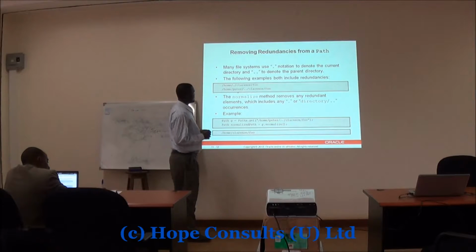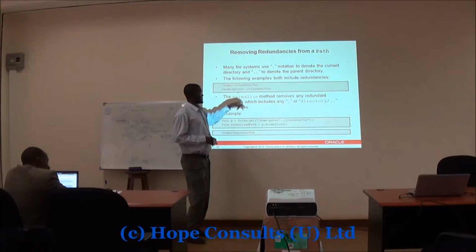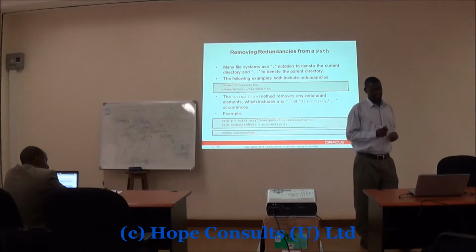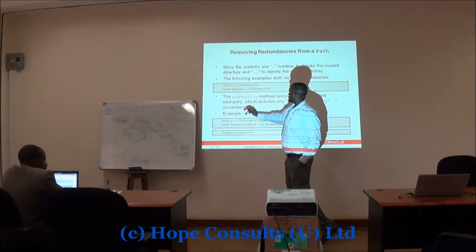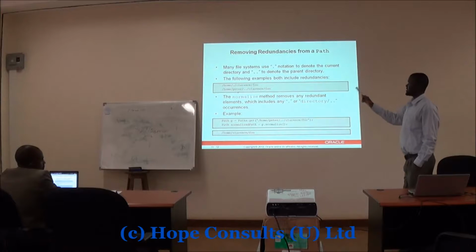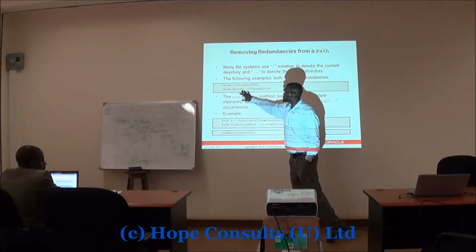So like for this case, this guy says go back. This one will go back twice. So to normalize is to remove those redundancies, because essentially this refers to the same location, because this has to go back twice.